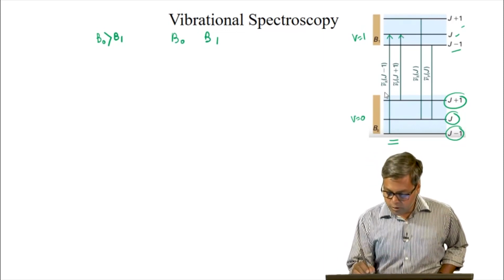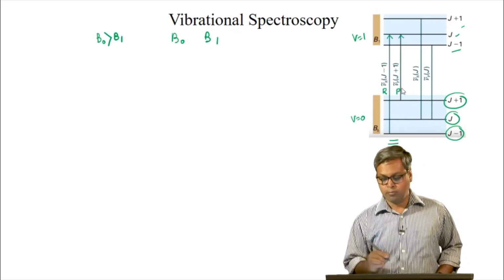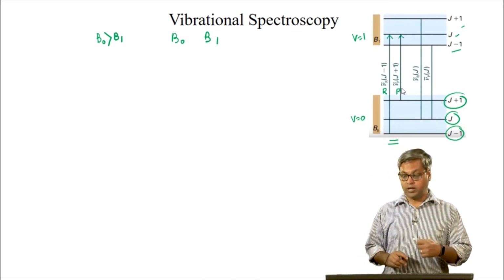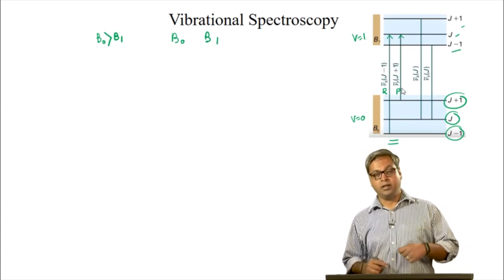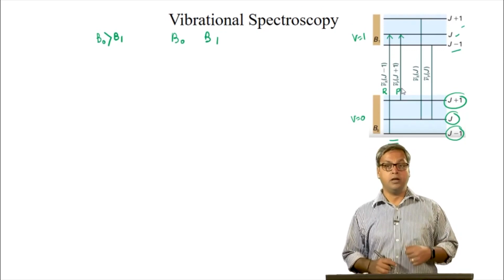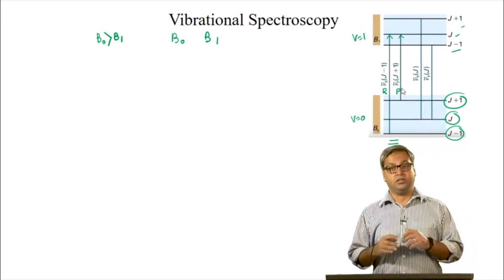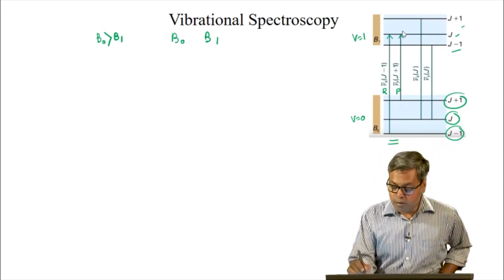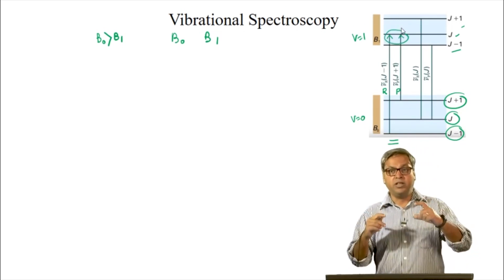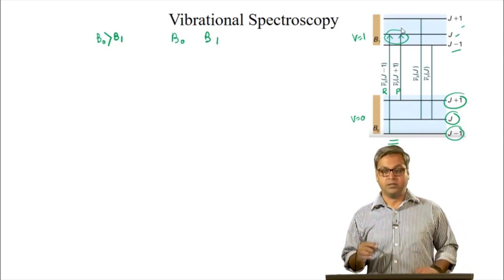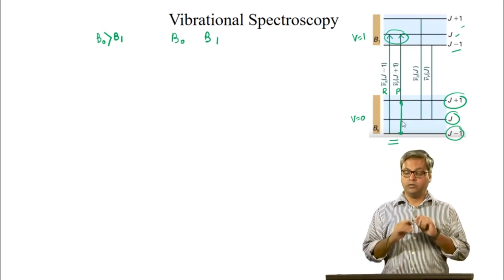So, the first one is part of the R branch and the second one is part of the P branch, because in one case j increases by 1 in the final state and in the other case j decreases by 1. We can notice that both the transitions finish in the same vibrational state. The difference in energy between these two lines depends only on the V equals 0 state.